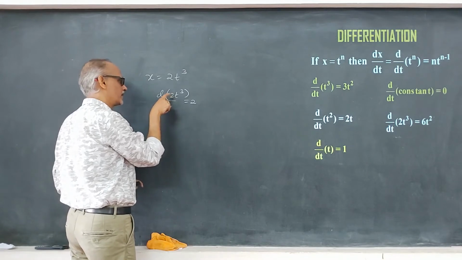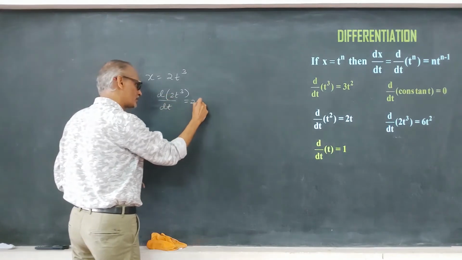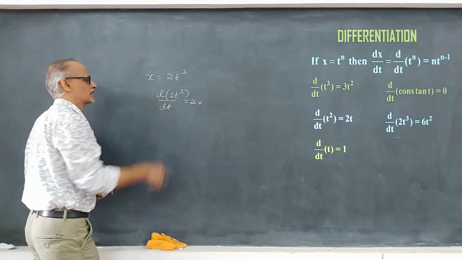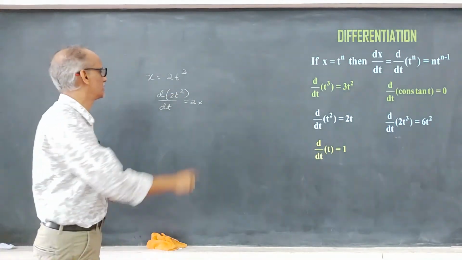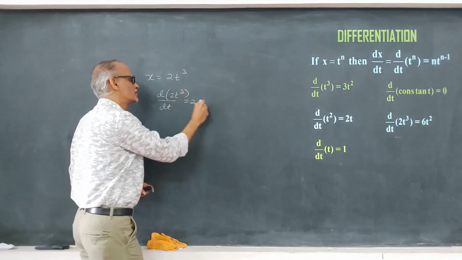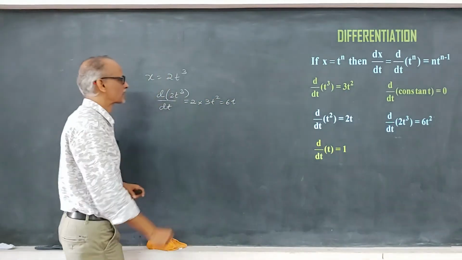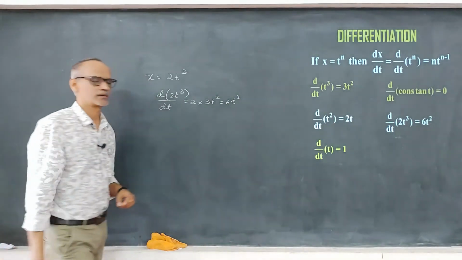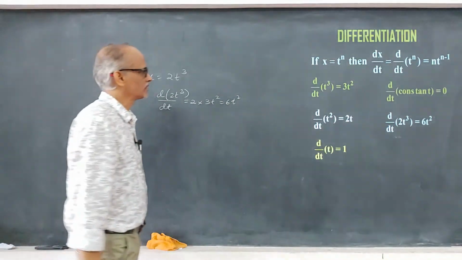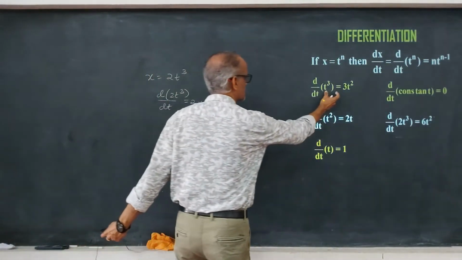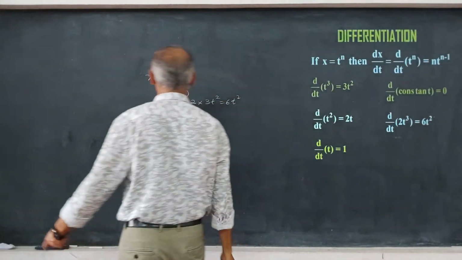It's again a constant, into differentiation of t cube, which is 3t square. That's why the differentiation is 6t square. Very clear? So we are using the differentiation formula there in finding the answer.